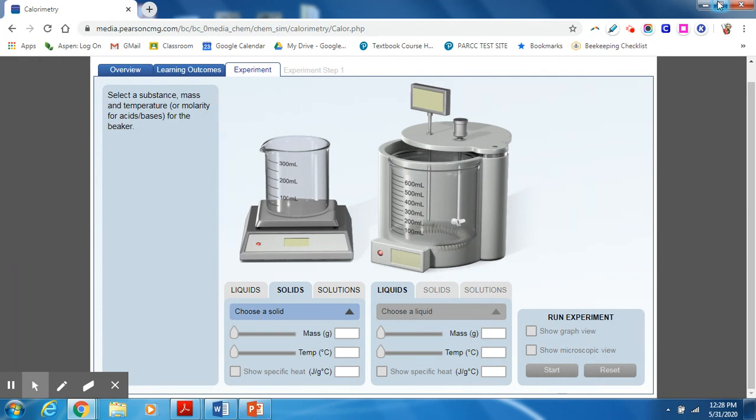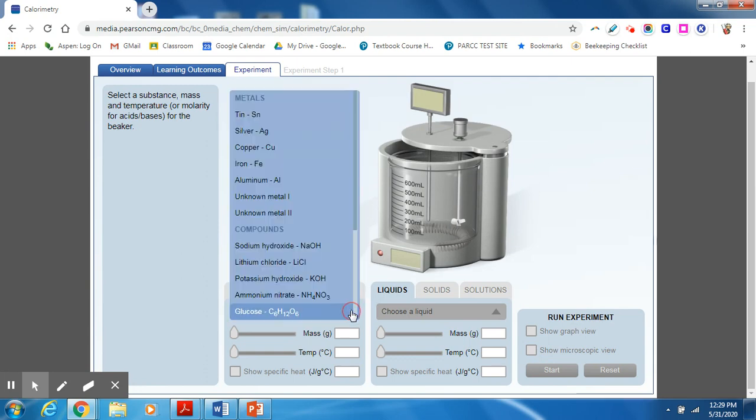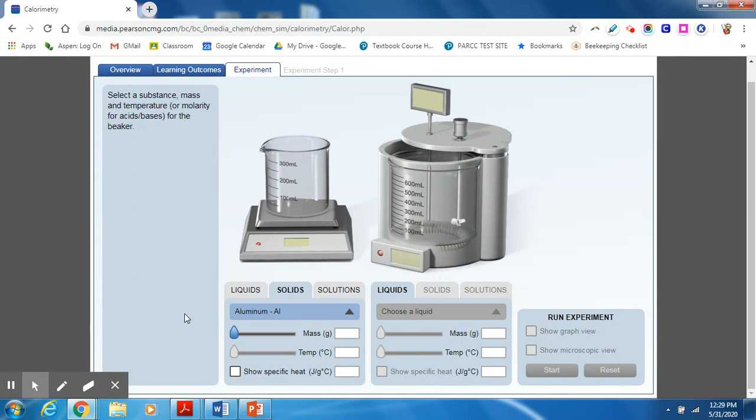As an example, let's take a look at aluminum. So if we take a piece of aluminum that weighs about 50 grams, in the lab we would do an experiment just like this. We'd raise its temperature to about 100 degrees Celsius.